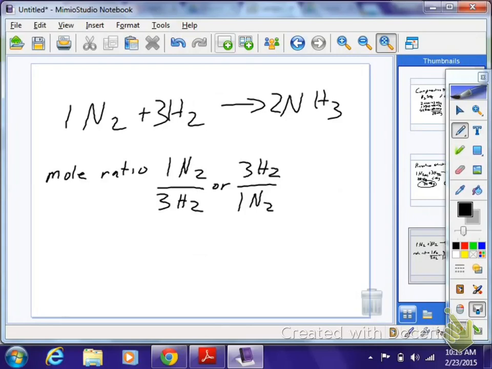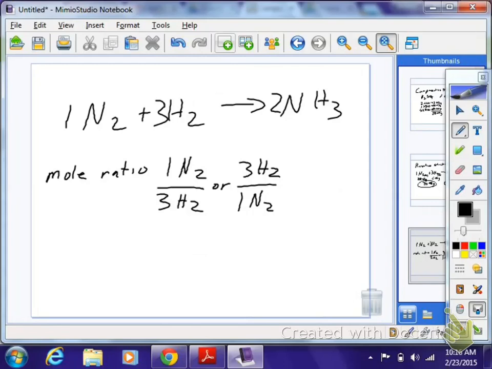Okay? Kind of like a fraction, but you're going to use it to do some problem sets where you may have to find out how many moles of a certain reactant or product is made, like in this first problem. Okay? We can also look at the ratio between hydrogen and ammonia.